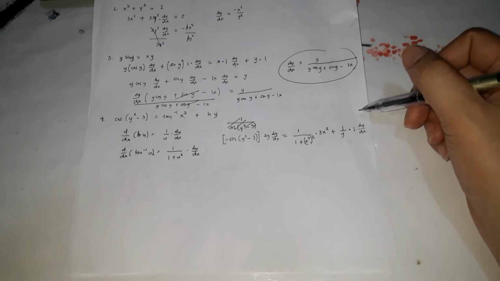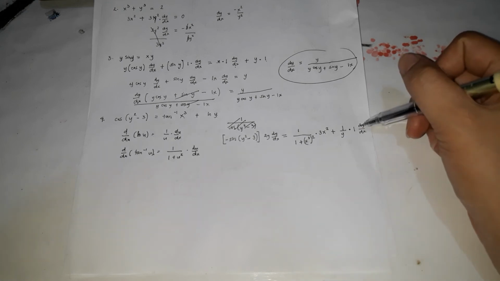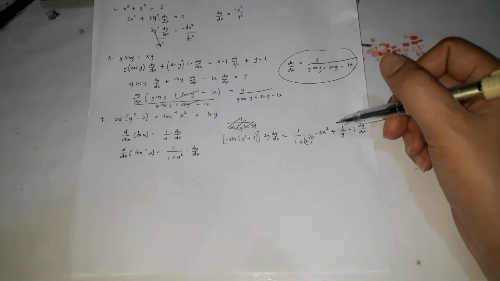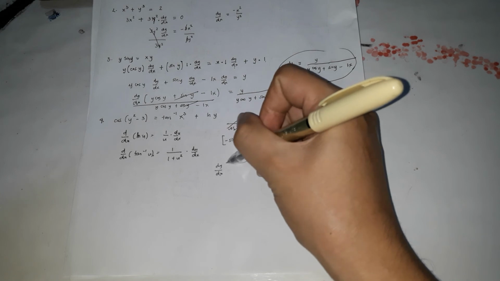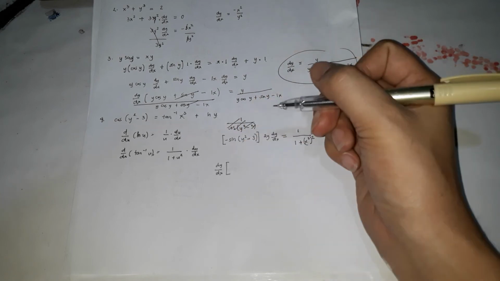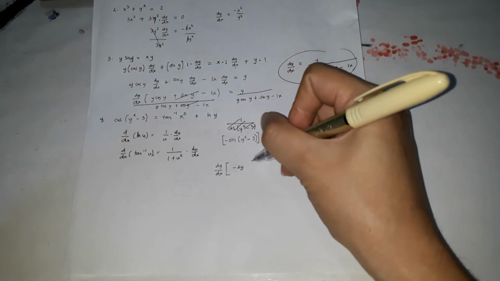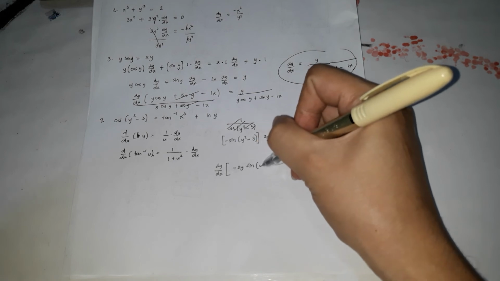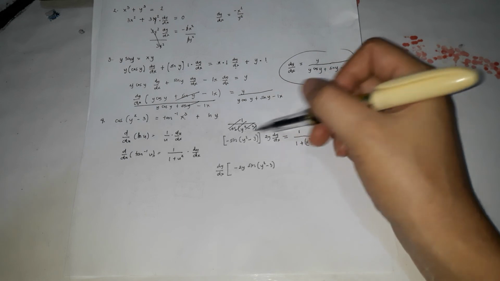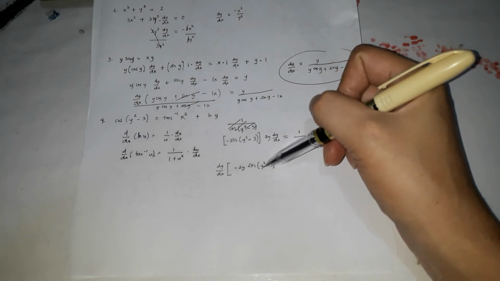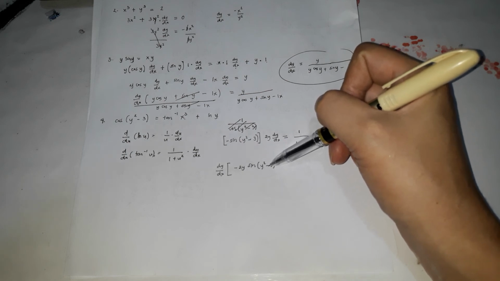Next, ang gagawin mo, lahat ng may dy over dx, ilipat mo sa kabila. So it will become dy over dx times negative 2y sine y squared minus 3. Multiply mo lang yan, maging negative 2y sine y squared minus 3.